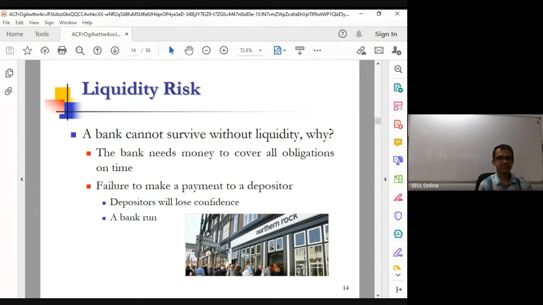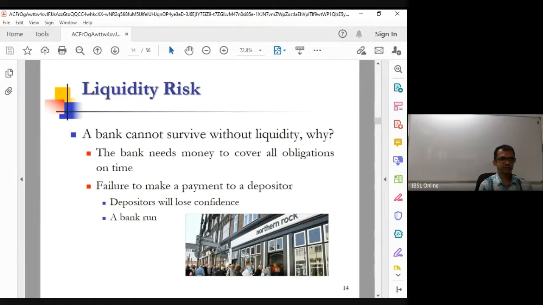The next minute, there will be a lot of customers in front of bank branches asking for their money back. Not only a depositor, even if you say that to a borrower, yes, we have granted the loan, but we don't have money today, can you come later? Even he is a borrower, then there will be a problem.